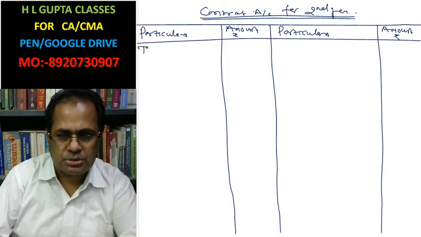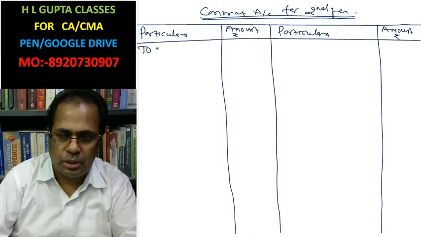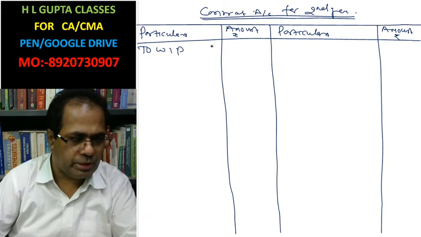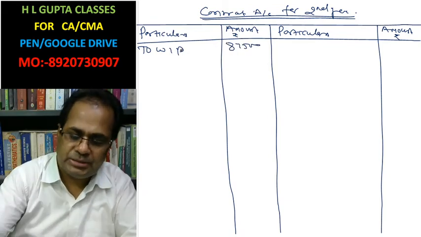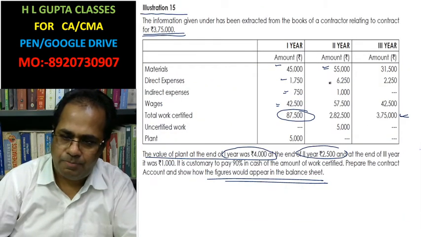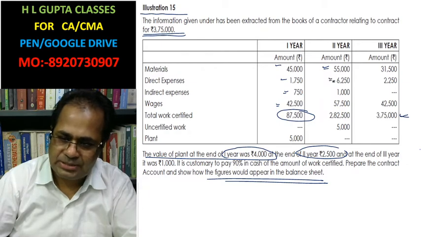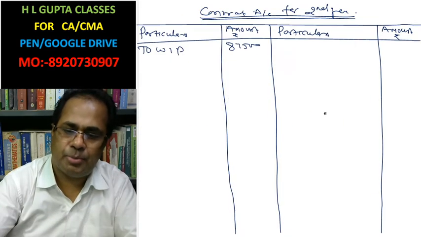To work in progress, the work in progress which was certified in the first year, 87,500. Now material is utilized in this case: material 55,000, direct expenses 6250, indirect expenses 1,000, wages 57,500. Total work certified and work uncertified are also given here. All this information is considered.